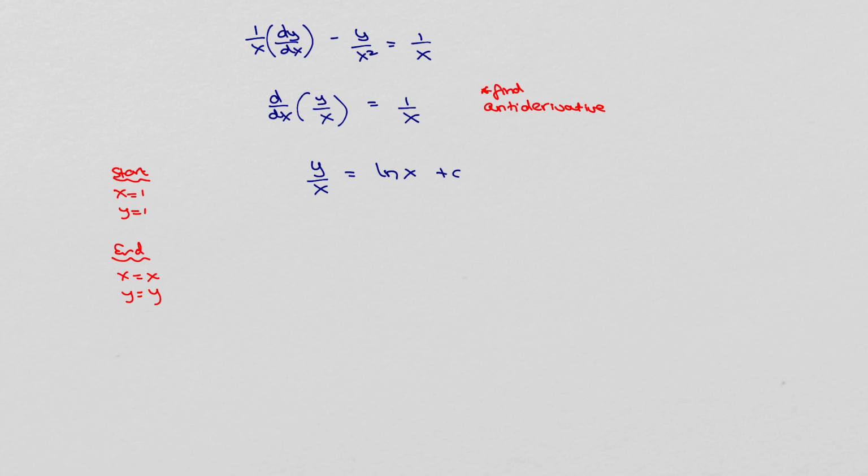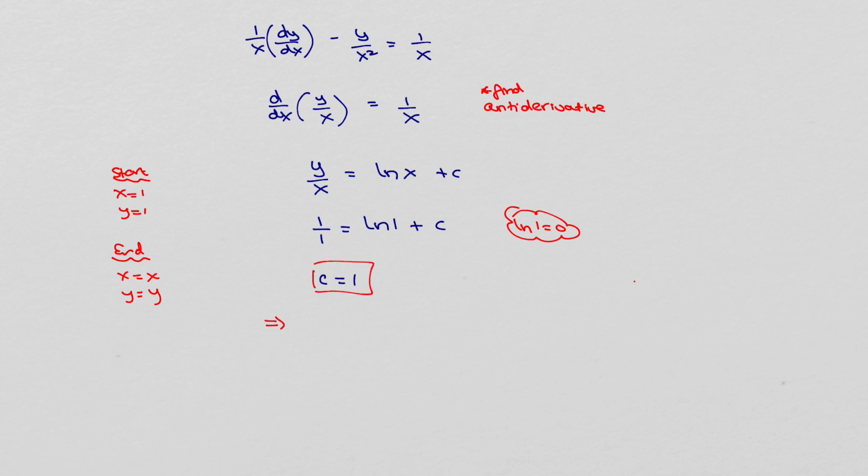And then we know when x is 1, y is 1. So that should be natural log of 1 plus c equals 1. And of course, natural log of 1 is 0. And therefore, that gives me c is equal to 1.